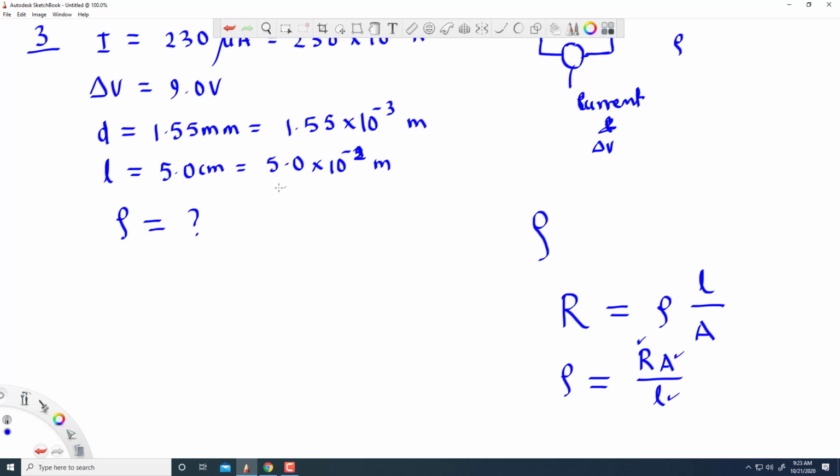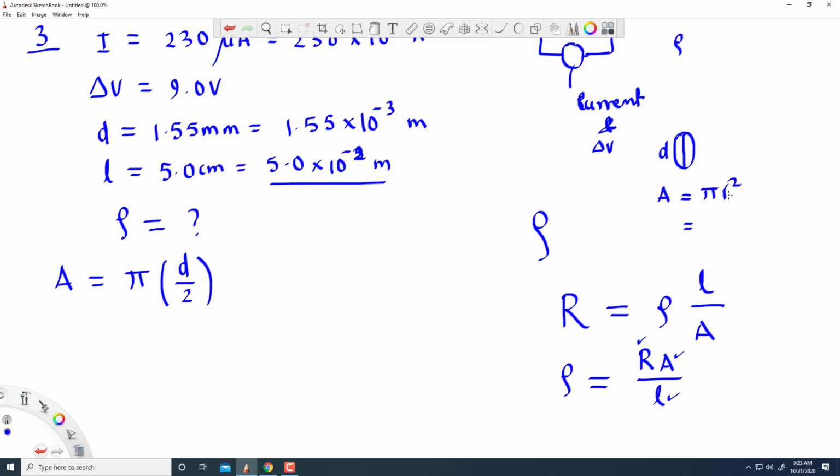L is known, so that's L. A is the cross section area of the vein, which is not given, but we have the diameter. Okay, diameter is given, and we know area is pi r squared. So in terms of diameter, r is half of the diameter, right? So d over 2.